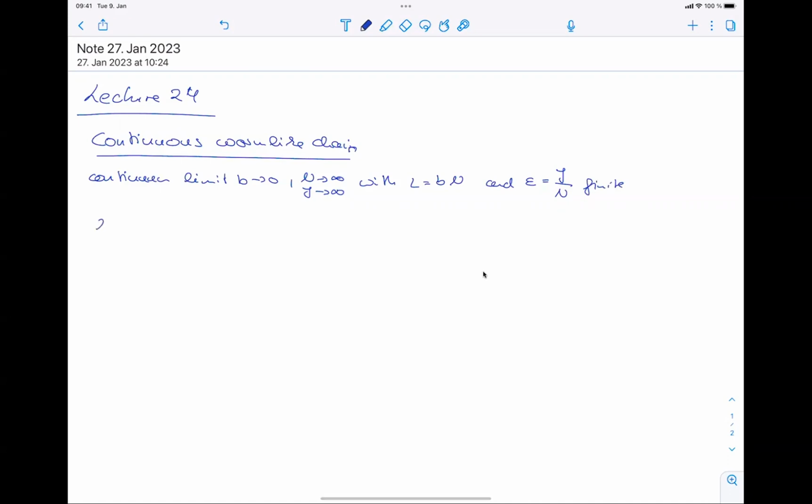This mapping then allows us to identify the persistence length as b times K, the normalized interaction strength, J over kBT.